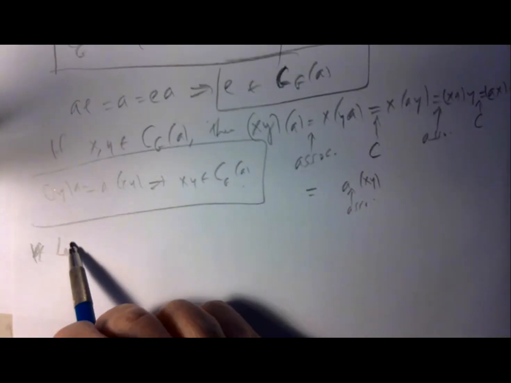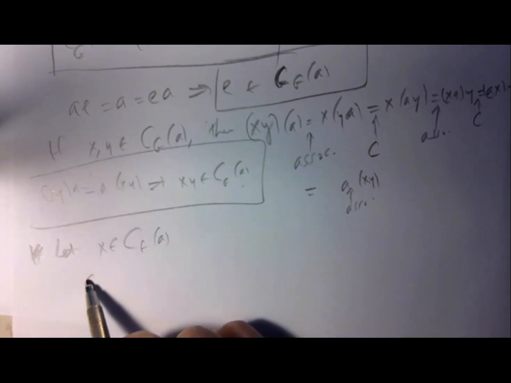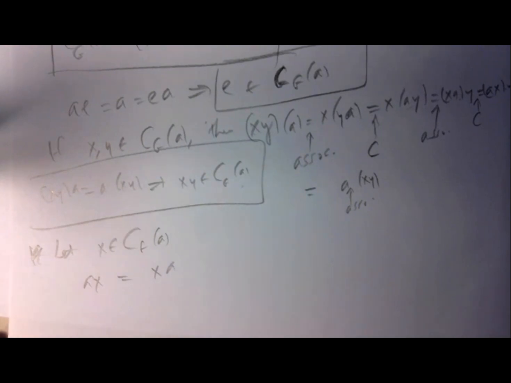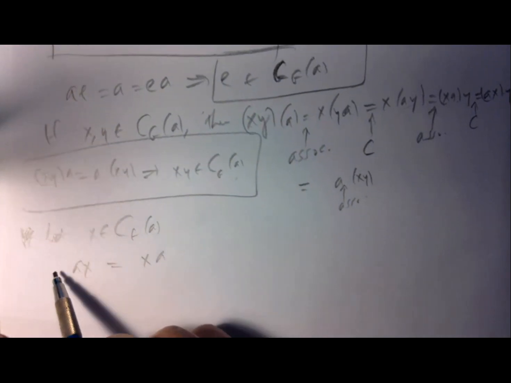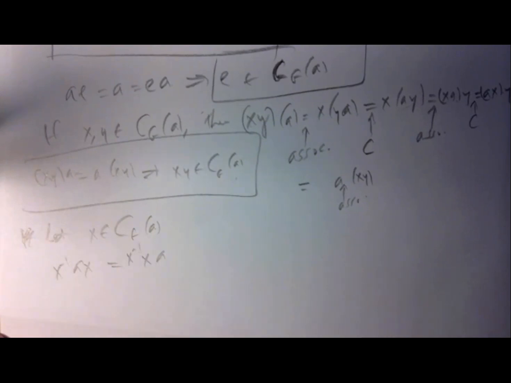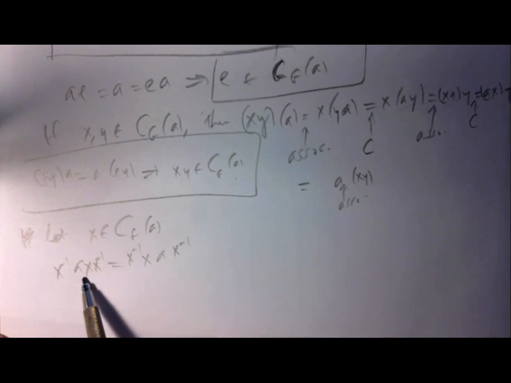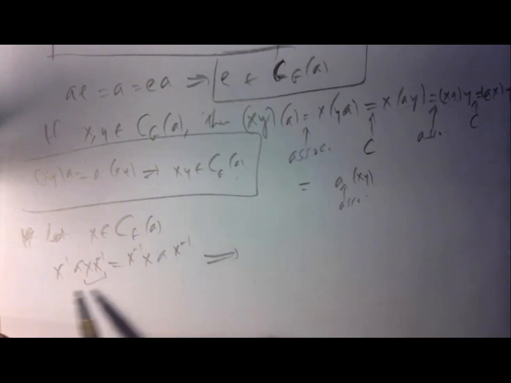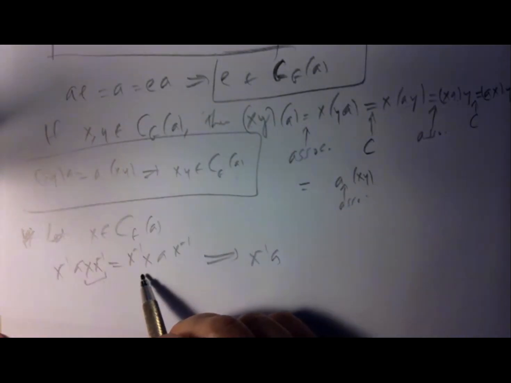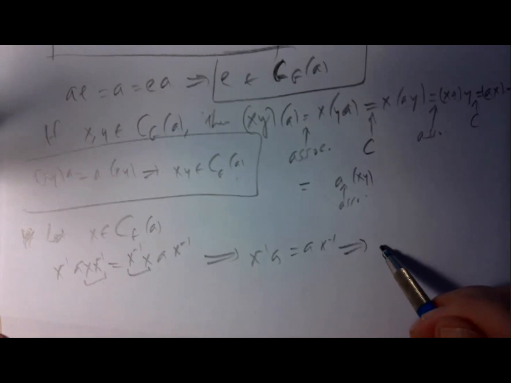And suppose I take any element X in the centralizer. So AX equals XA. Multiply on the left by X inverse. Multiply on the right by X inverse. This is the identity. So I have X inverse times A equals A times X inverse.